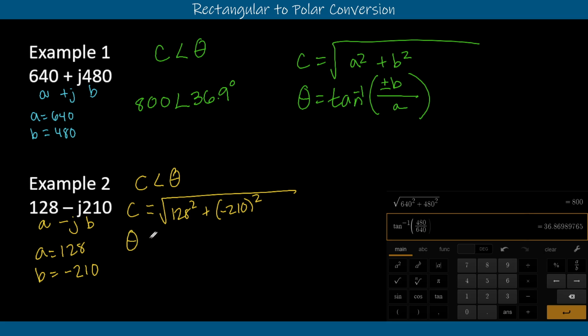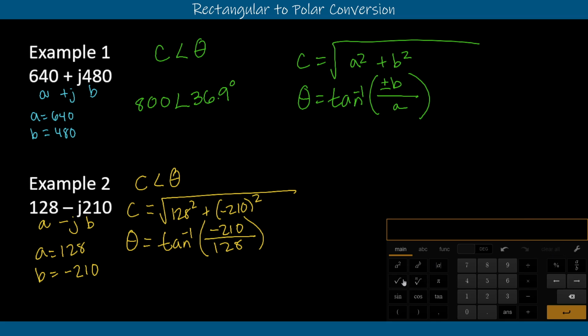When we put in theta, that's tangent inverse of plus or minus B on top, and we know that's negative now, so -210 divided by 128. We should end up with a negative theta value, a negative angle. We'll plug that in.